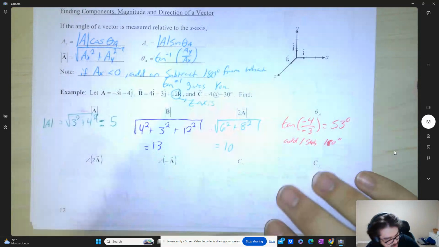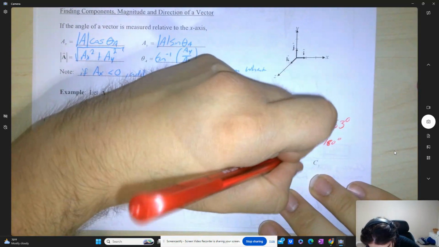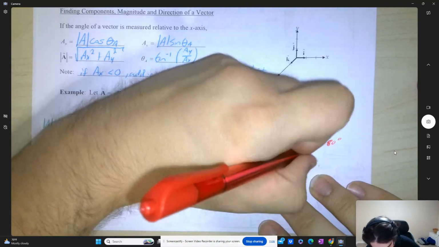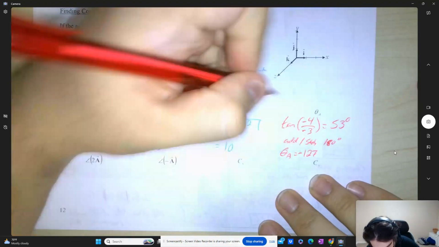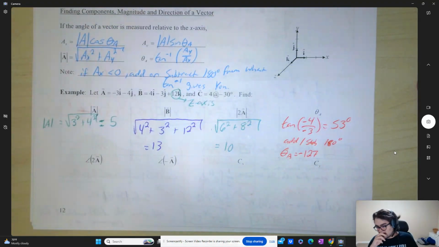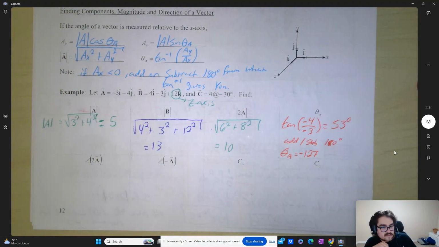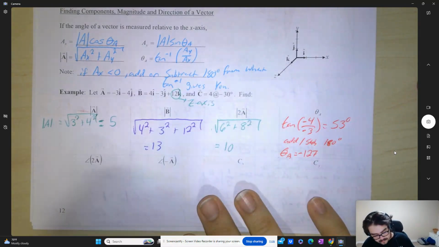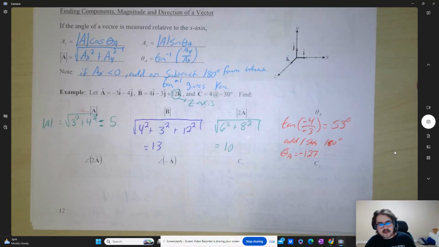When I subtract 180, I get theta A equal to negative 127. If you add it, you'll get a number that's over 200. I don't remember exactly; I just did it this way.